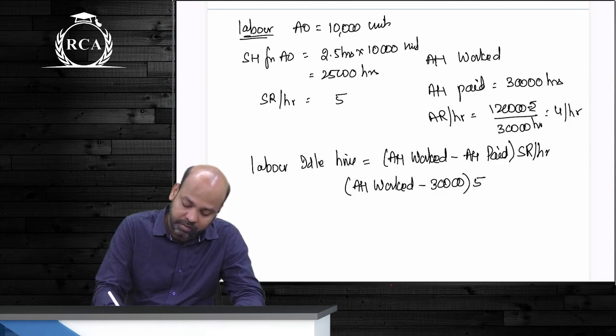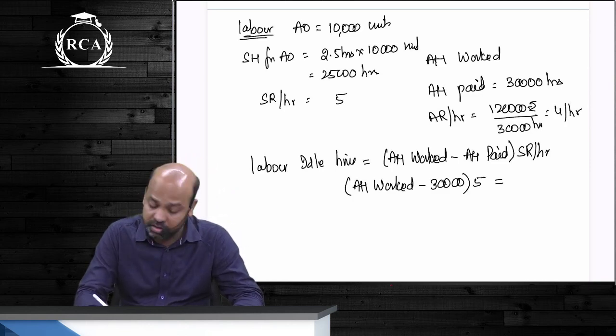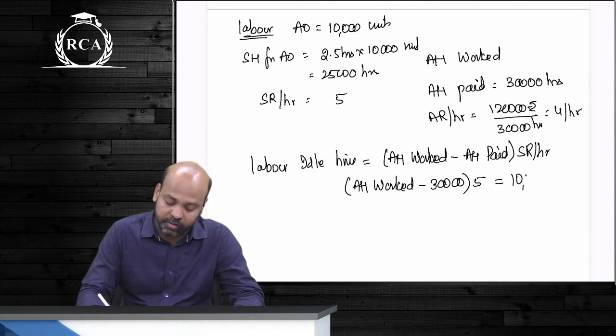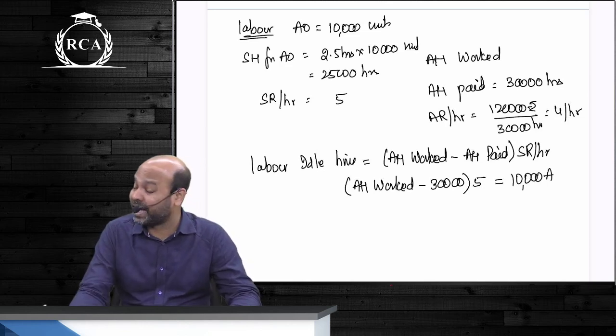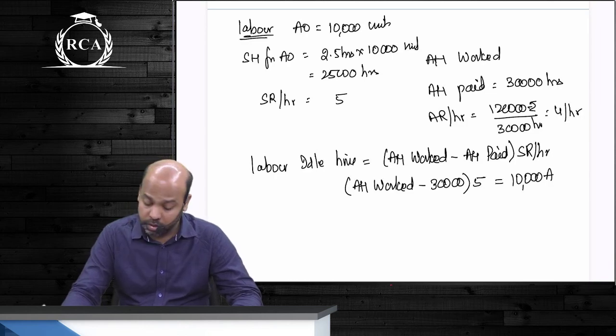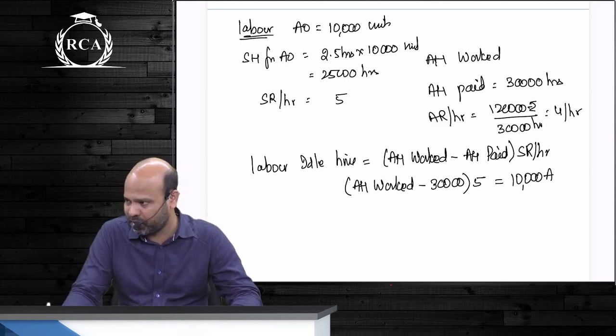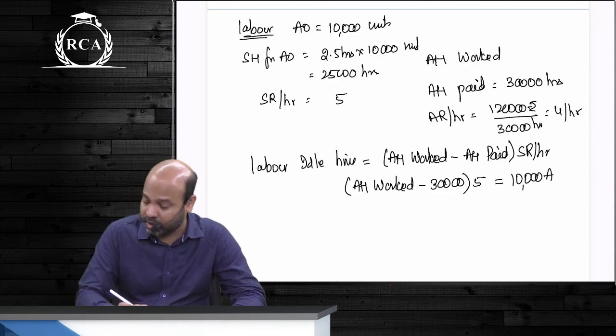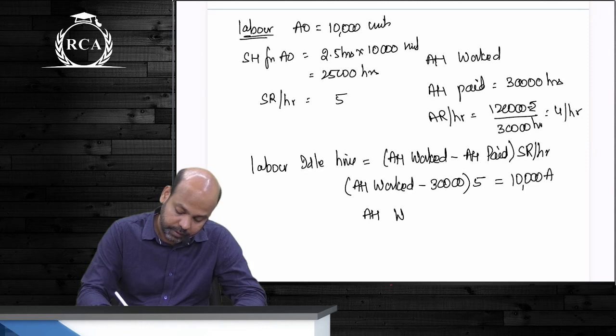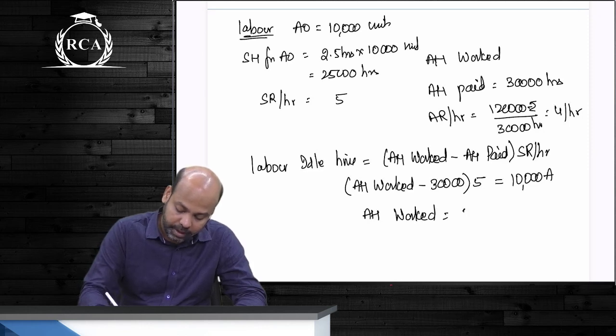Standard rate per hour is 5 rupees. The idle time variance beta is 10,000 adverse. मतलब negative 10,000 divided by 5, negative 2,000. If you bring that 30 there, it will become positive 30. Negative 2 plus positive 30, 28,000 hours. You will get AH worked as 28,000 hours.